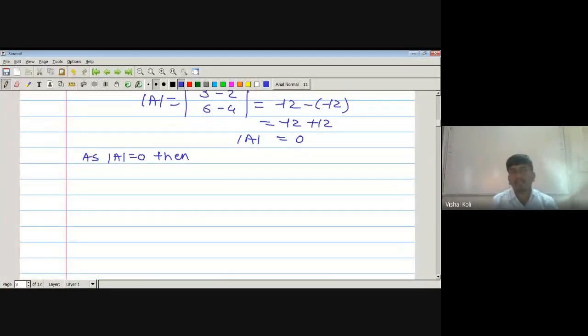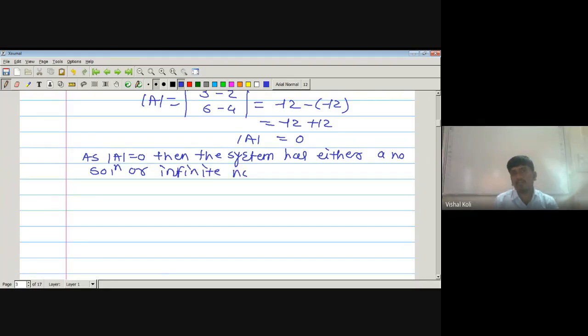As determinant of A equal to 0, the system has either no solution or an infinite number of solutions.